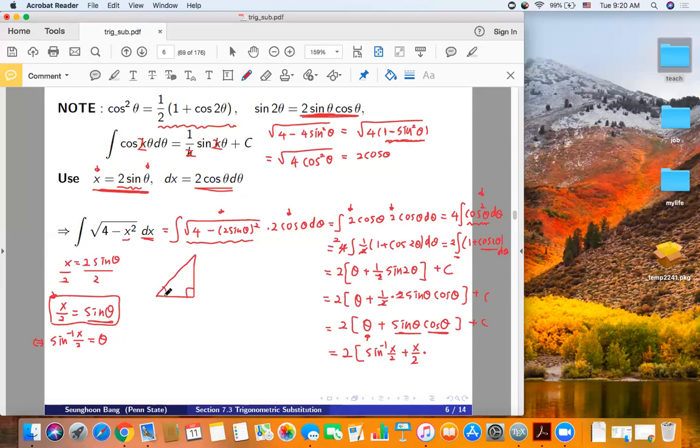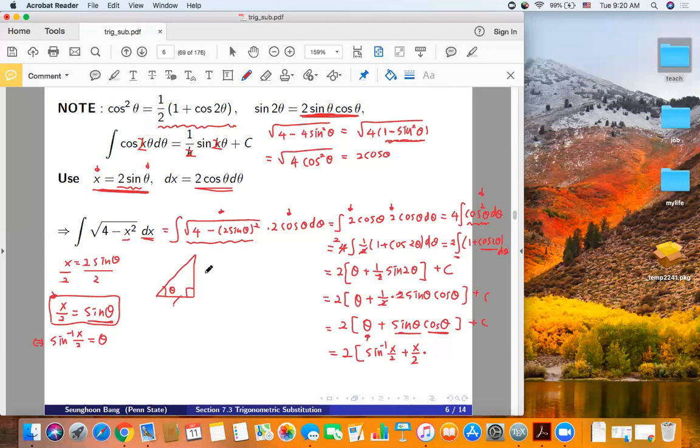Draw a right triangle with angle theta. You can use the definition. Do you know the definition of sine theta in a right triangle? Do you remember? Yes, it is the opposite over the hypotenuse.